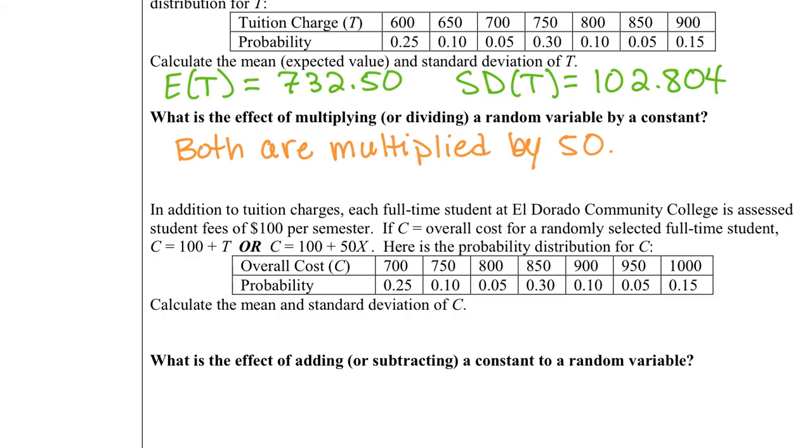What do you think will happen when we add $100 to our mean and standard deviation comparing random variable C to random variable T? Well, of course, it turns out that the expected value of T increases by $100 and the standard deviation of T does not change at all.